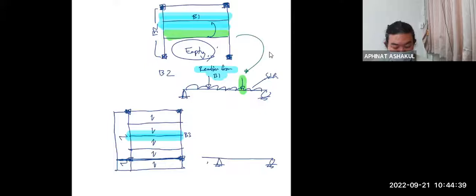Okay. And you should realize that whatever you do, you should always have the self-weight. But this B4 here has the special responsibility, that is, it needs to take this area.